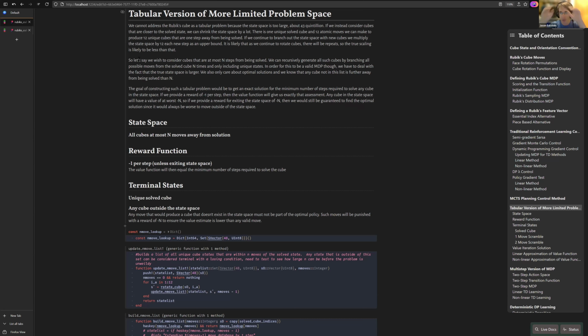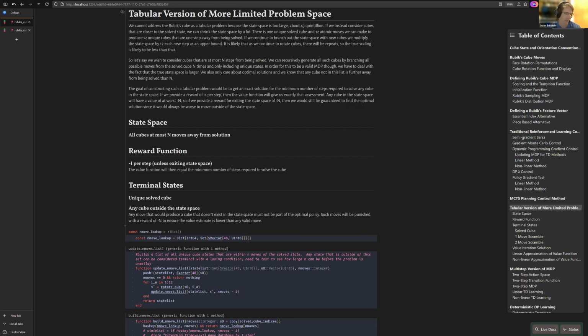Now we know that every cube in that space is at most n steps away from being solved, right? Like we know that because at a minimum, we could just reverse the moves that we had made. And in reality, some of them will be shorter than that. So we can generate all this, and we only care about optimal solutions.